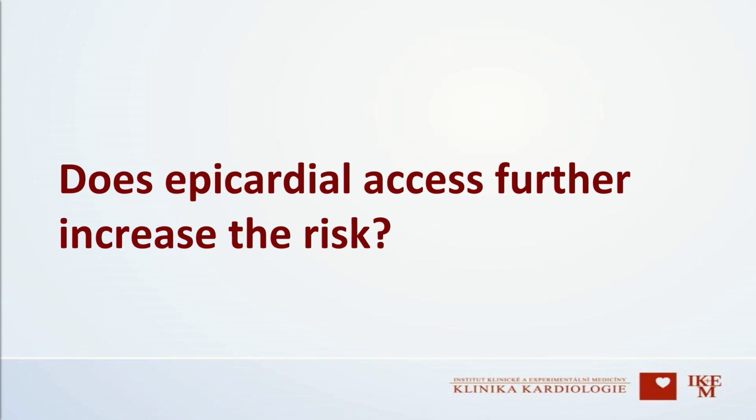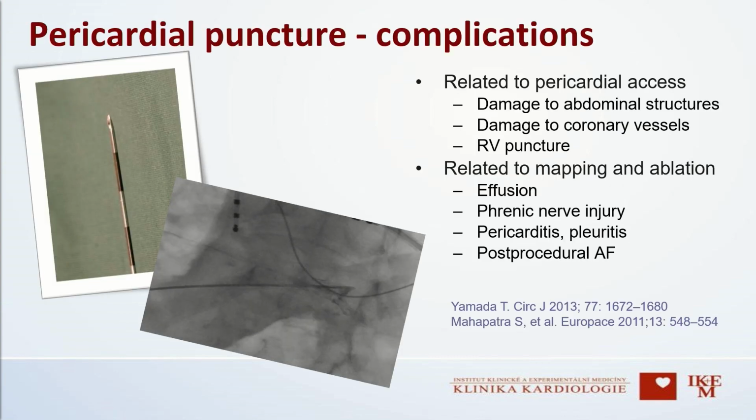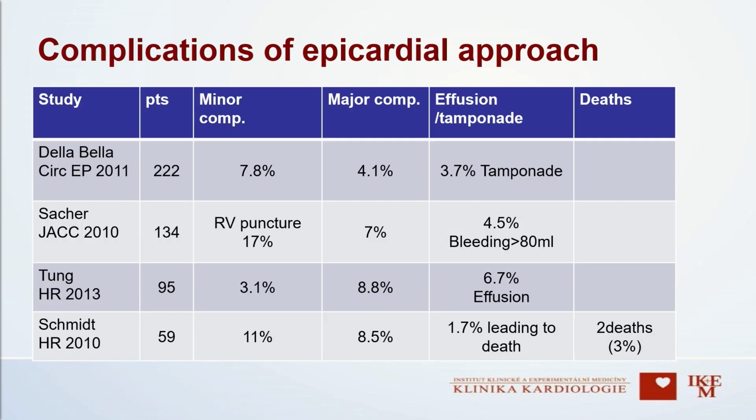Epicardial access probably increases the risk by definition because you do additional instrumentation, and there are complications related to the access or related to mapping and ablation. You can tear the ventricle, for instance, if you have adhesions. You can create pericarditis or some arrhythmias.